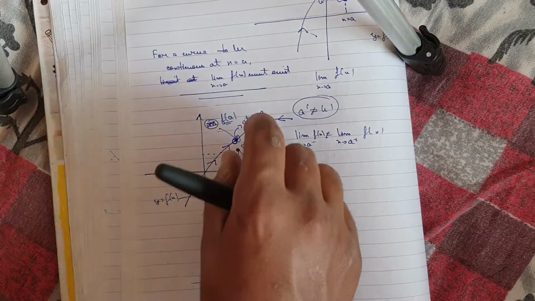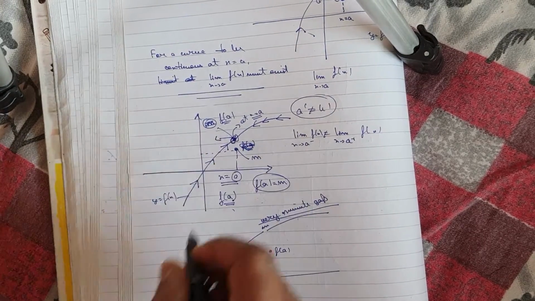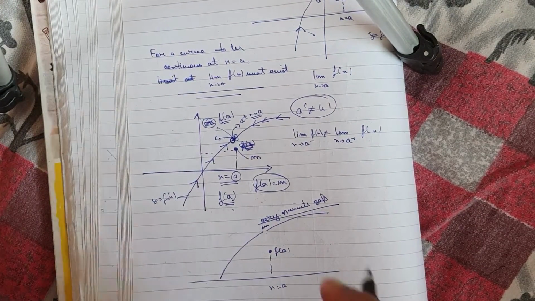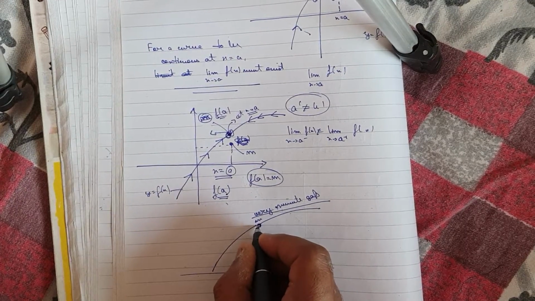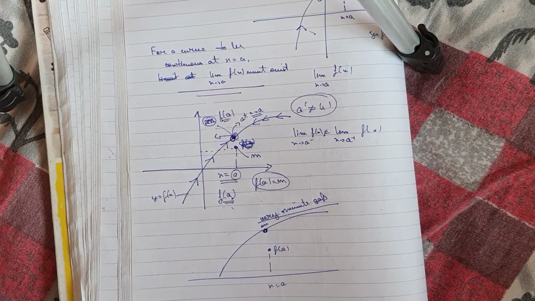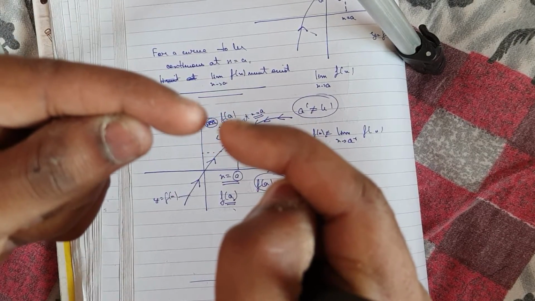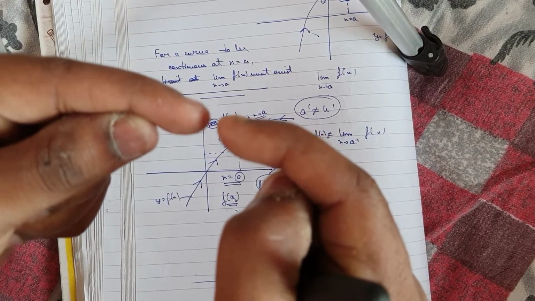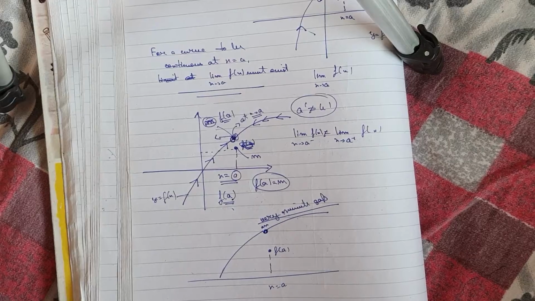We have made a slight glitch here. f of a must be this value if we go along the curve. But what we have done is we have left a slight gap in between the two curves. Why? Because we have defined fa equal to m, which is not along the curve.